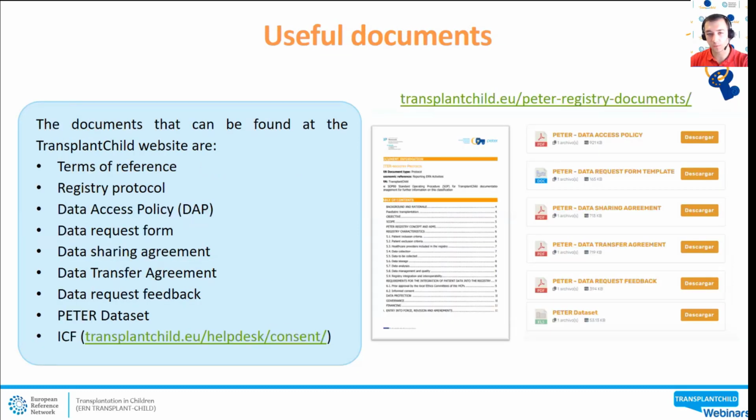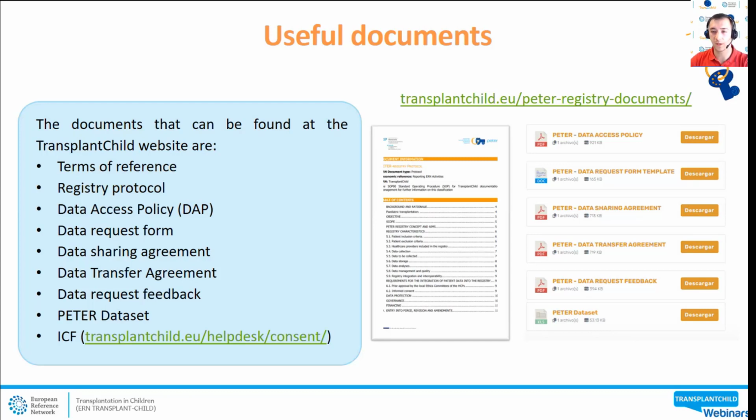So these were the documents I was mentioning just a moment ago. You can access them through the TransplantChild Helpdesk website. These documents are mainly the terms of reference, which is the organigram that defines the organization, roles, responsibilities, and so on regarding the Peter registry. The registry protocol, which is available in different languages in the European Union, contains useful information on how the registry works and under which conditions a patient can be or cannot be included in the registry.